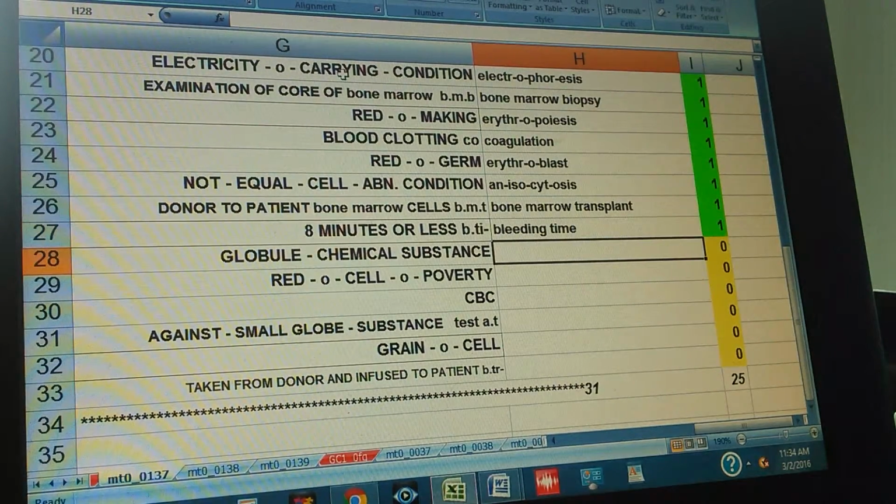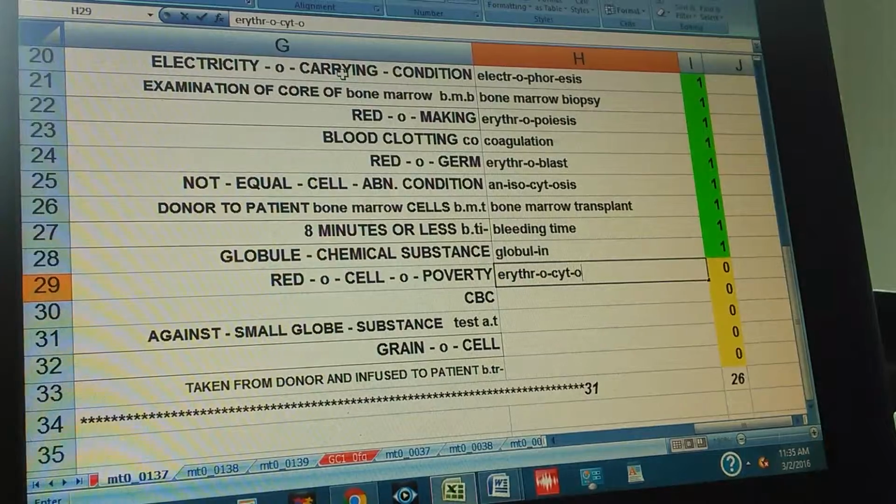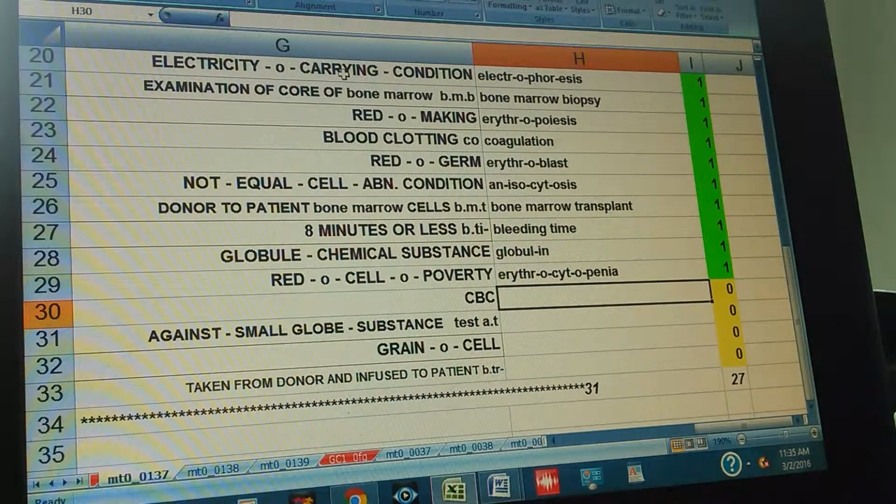Globule, chemical substance. Globulin. Red, O, cell, O, poverty. Erythrocytopenia. There's another acronym, CBC. Complete blood count.